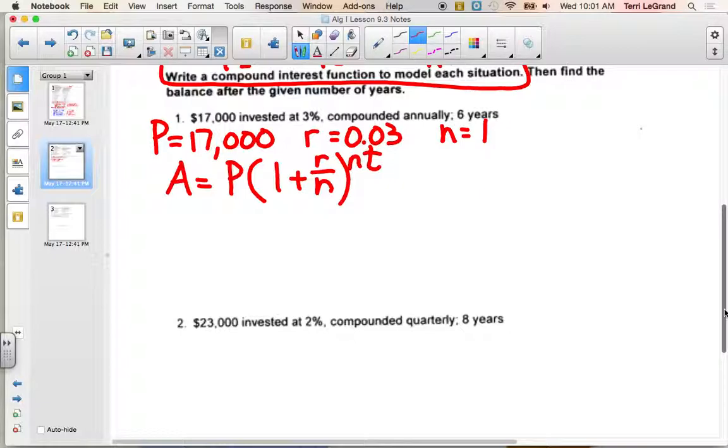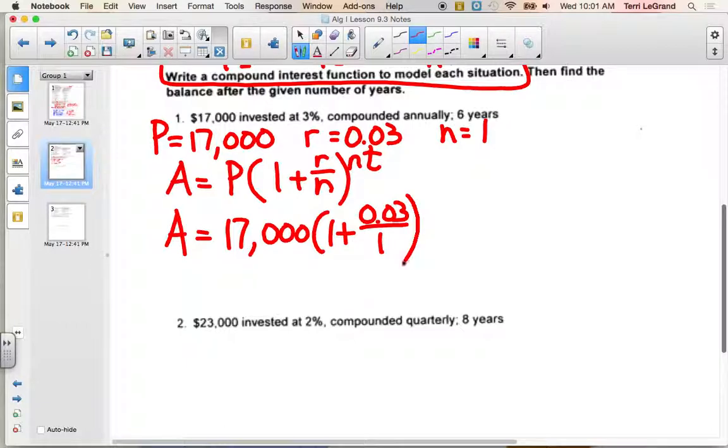So A equals, we're going to have 17,000 times 1 plus 0.03 divided by 1 times T. It's a good idea in these to make your T's cursive so they don't look like plus signs. And then we're going to clean this up.